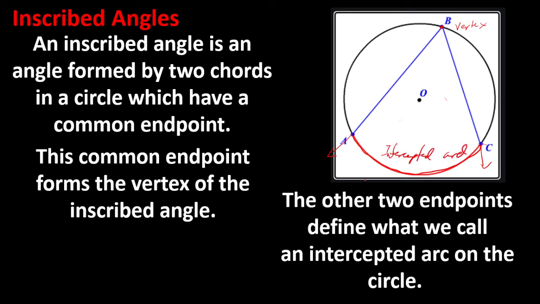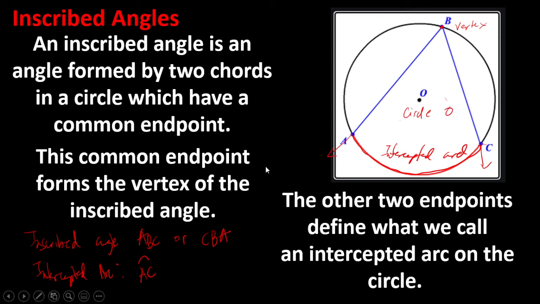So, if we have inscribed angle ABC or CBA, its intercepted arc is arc AC. And this is circle O. So that is an inscribed angle.